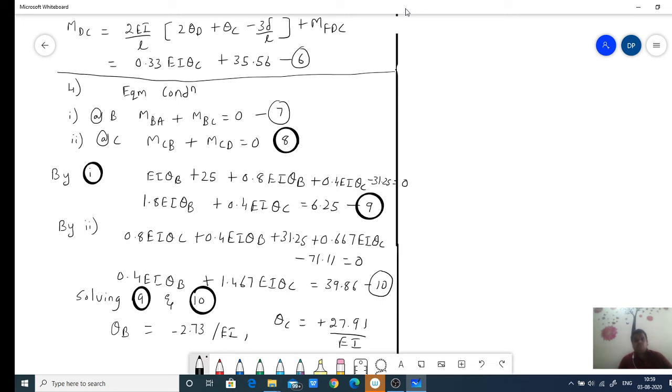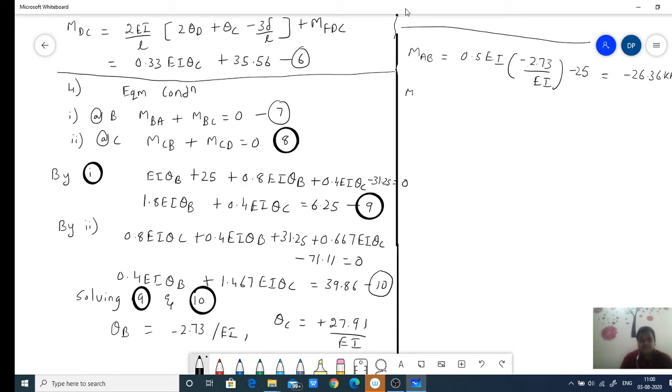So above values in the sense the final moments. Directly I can substitute in MAB. When I substitute for MAB, this will be 0.5 EI times theta B, which is minus 2.73 upon EI, and minus 25. Once you solve, this comes out to be minus 26.36 kilonewton meter.